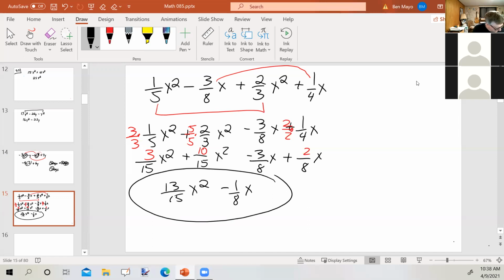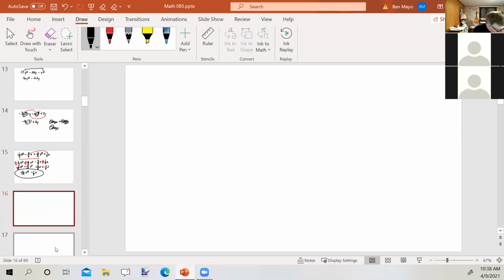All righty, let's take a look at a problem involving decimals. We've got 1.9 m to the 4th power minus 2.4 m to the 6th power minus 3.7 m to the 4th power plus 2.8 m to the 6th power.